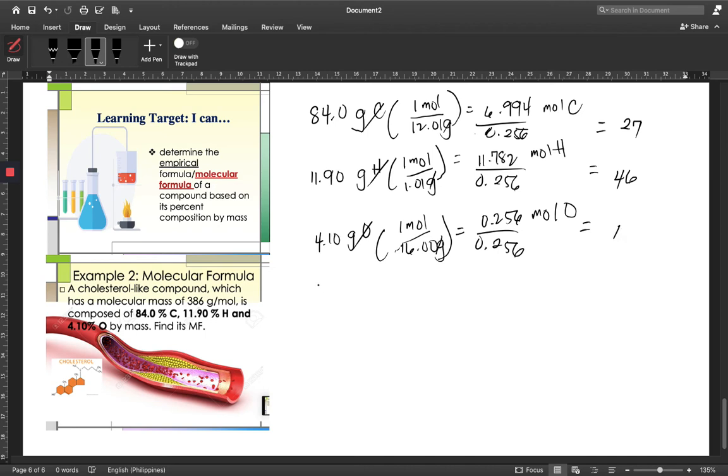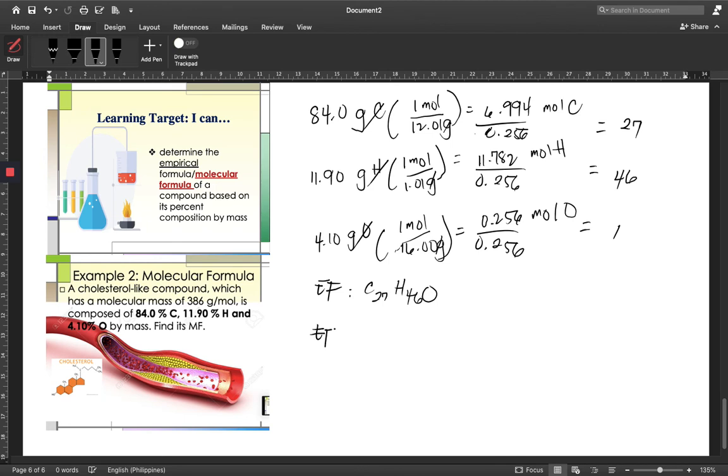Therefore, our empirical formula, EF, for the cholesterol-like compound is C27H46O.